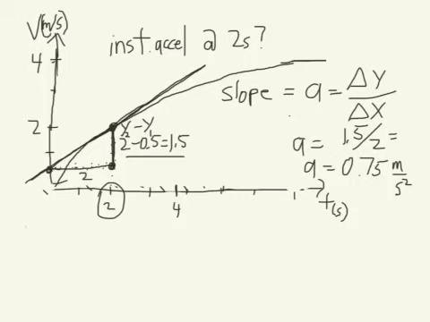And then we could look at another point in time, maybe up here around 7 seconds. We can follow the graph up, see that it's flattened out. So here, if we draw the tangent line through that curve, it's going to be mostly flat. So the slope is going to be just about 0, which tells us that the acceleration at this time is pretty much 0.